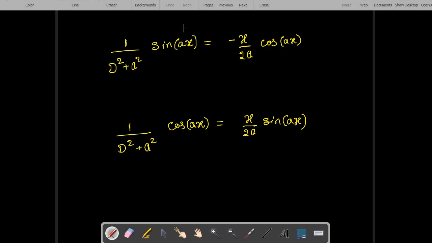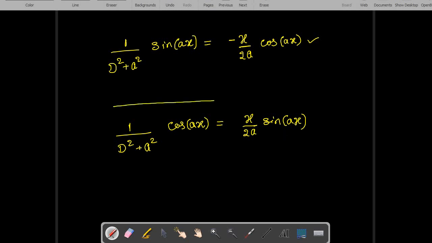Okay, so in that case, we have a formula. So here sin ax is there, no? Integration of sin is minus cos. So x by 2a into minus cos ax, that's it. Okay, suppose if you have cos ax, you know the integration of cos is sin. So you'll get plus sin. So x by 2a into sin ax.